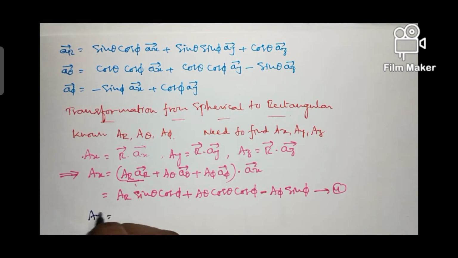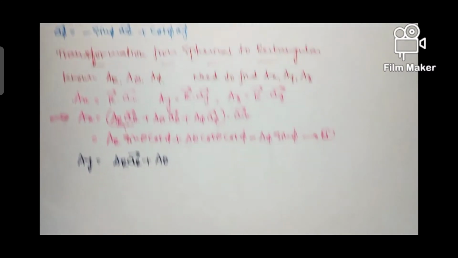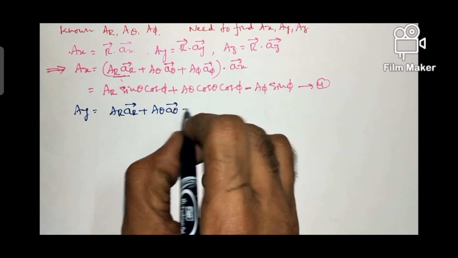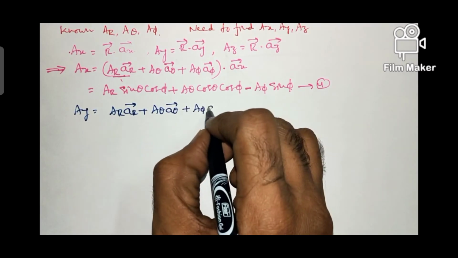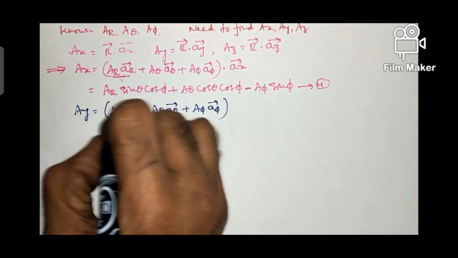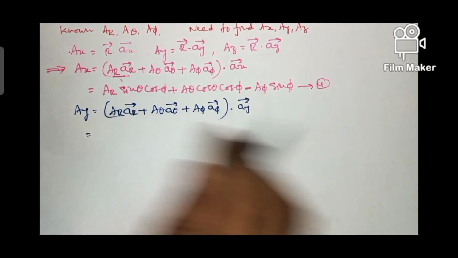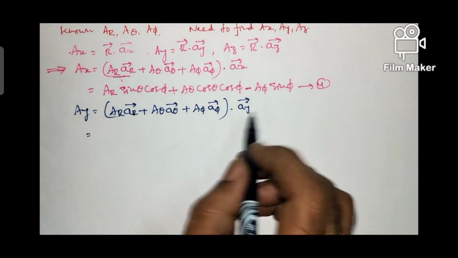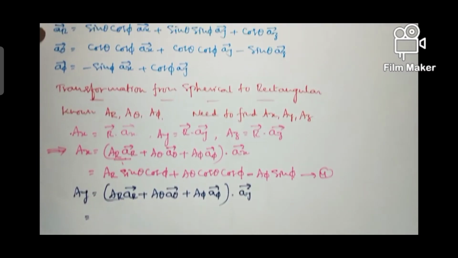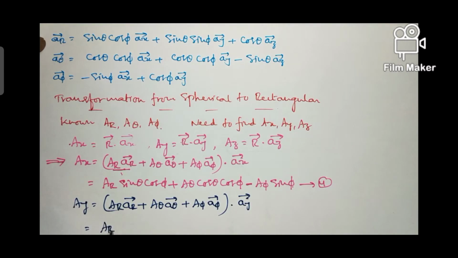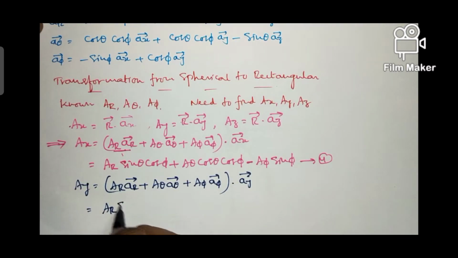Similarly, a_y is equal to, same equation, but we have to do the dot product with respect to a_y bar. Here also a_r dot a_y, so we get the term a_r into sin theta sin phi.